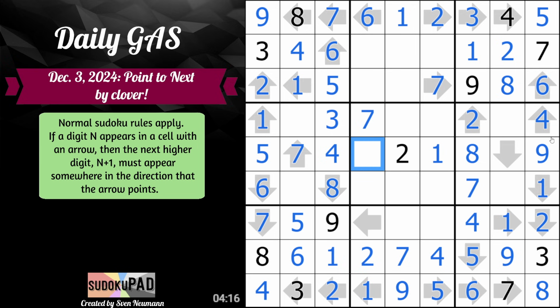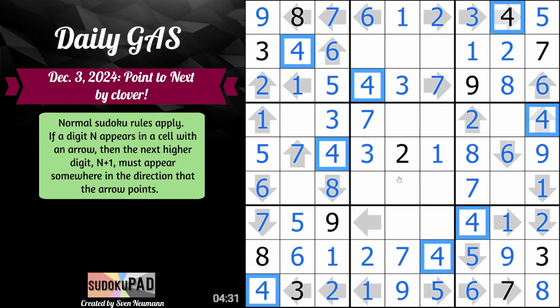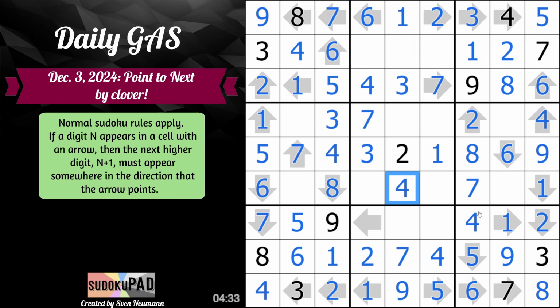Let's not forget Sudoku completely because it is still helpful sometimes. 3 and 6. 3 would have to be able to point to 4, which it can't, so it must be 6. This is 3. 3 gives us 3, 4 there. 4 gives us 4. 4, 5.